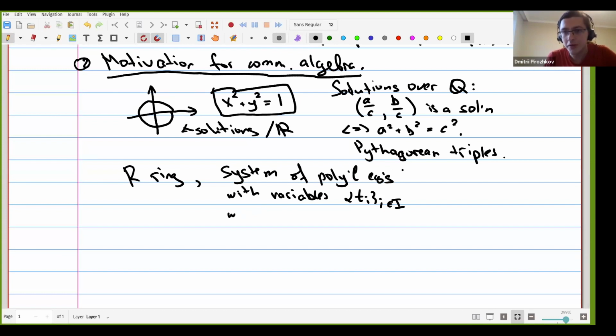And the polynomial equations, let's say they will be f_j, where j goes through some other set, with coefficients in R.